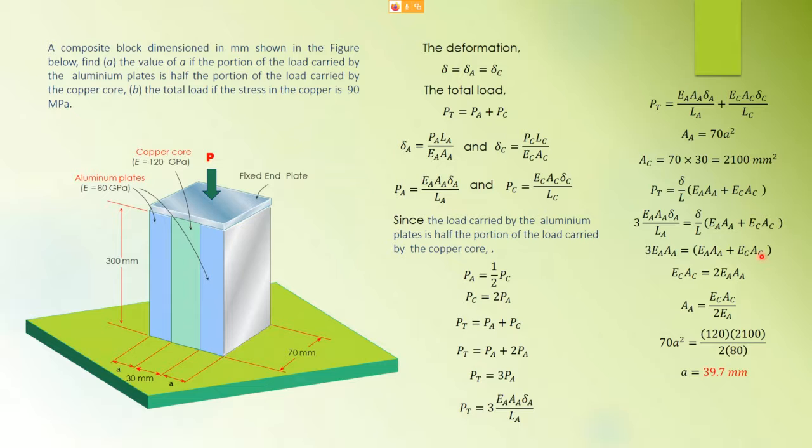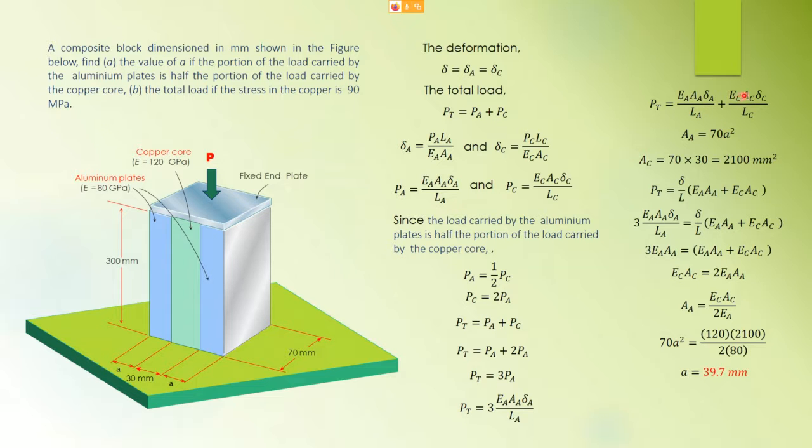Okay, so once you got this area, you put it here. Don't look at this first. So everything in terms of A. Once you have everything in terms of A, you see your PT, your EA, AA, EC, AC, okay?